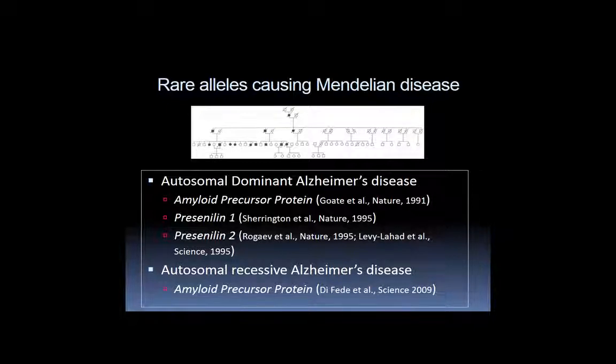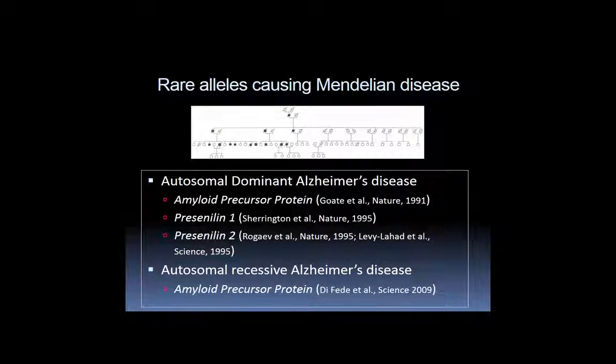And in 1987, the amyloid precursor protein gene was cloned. So for those of you who don't work on Alzheimer's disease, the pathology of Alzheimer's disease has amyloid plaques and tangles.